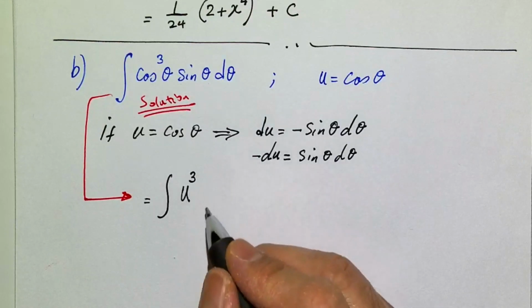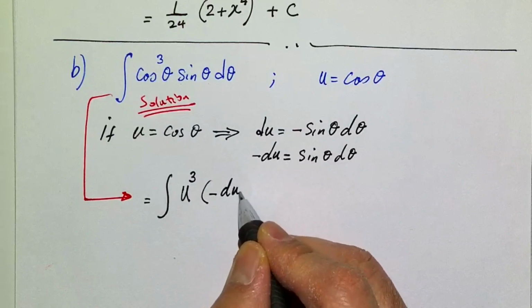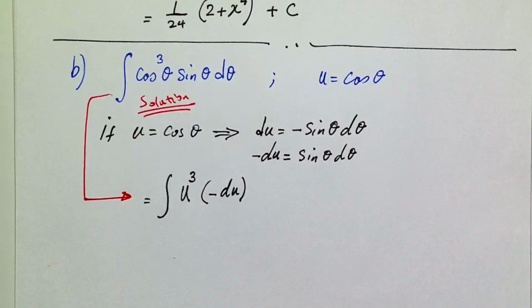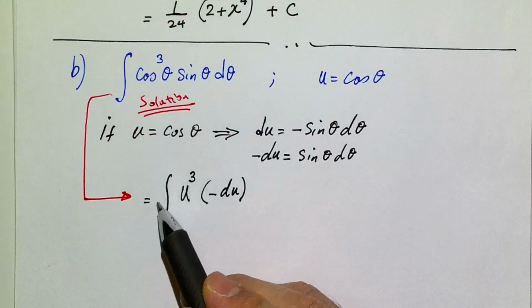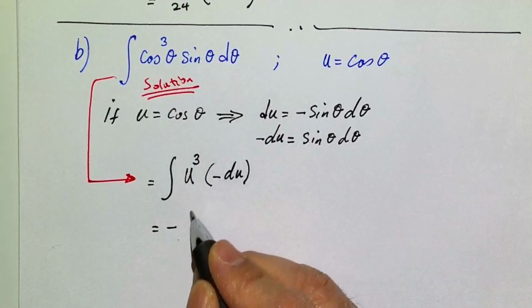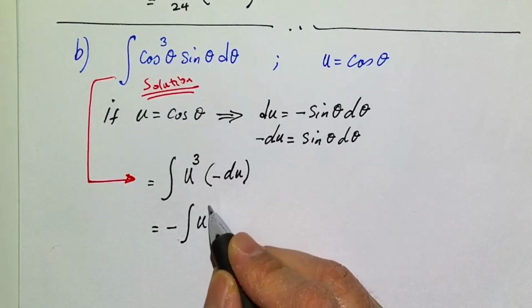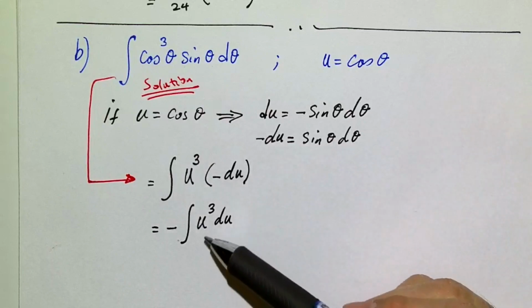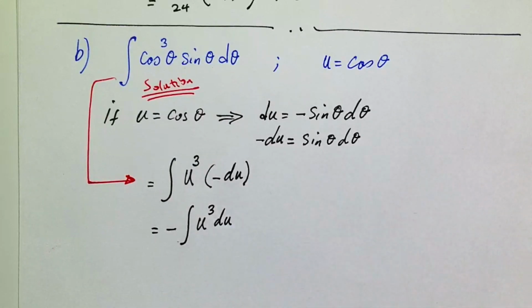We have minus du. Okay? Now this minus, as you know, we can bring in the front. So we have minus the integral of u cubed du. Now, how easy is it to integrate this piece? Very easy, right? Let's do that.